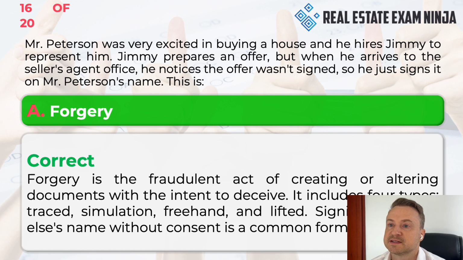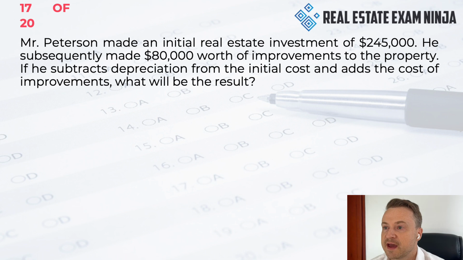Can't forge people's signatures without their consent. Sometimes you can, but there has to be consent. So like my lawyer, he signs my name without me being there, but he has special legal permission to do so.